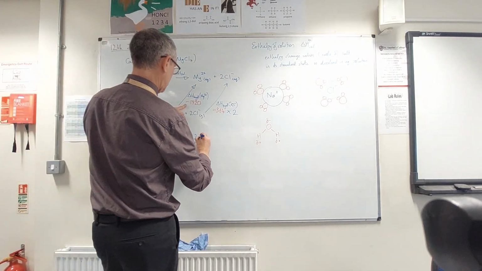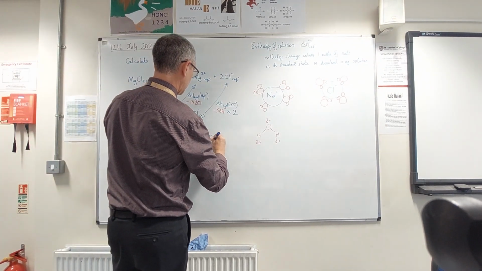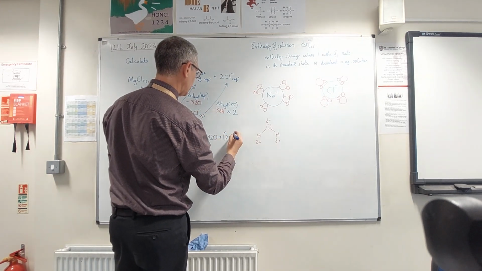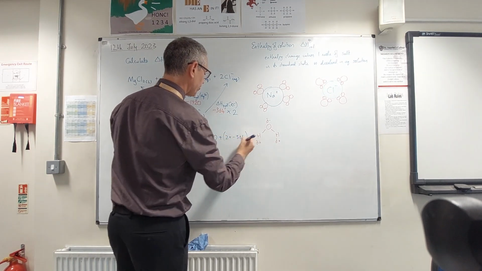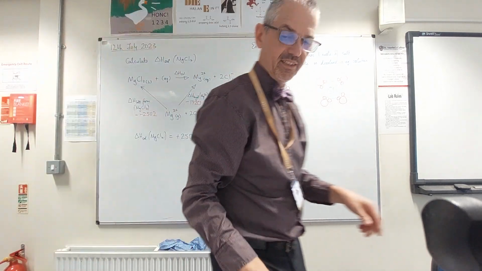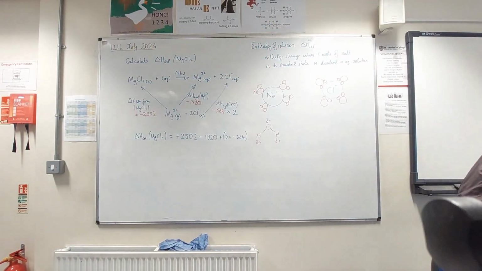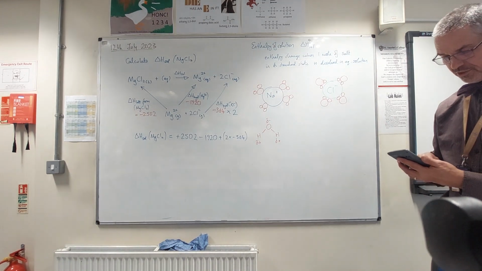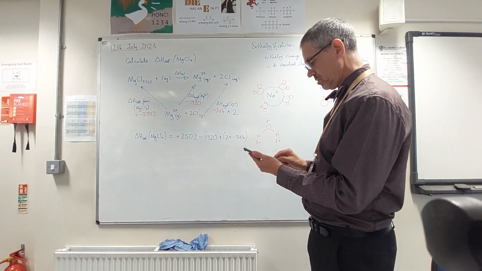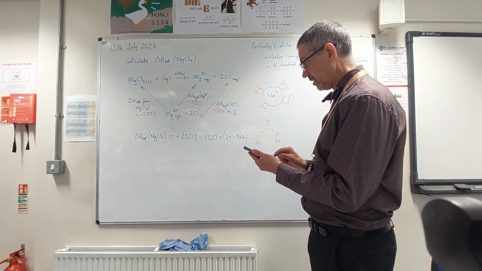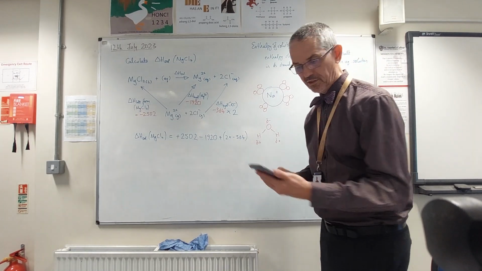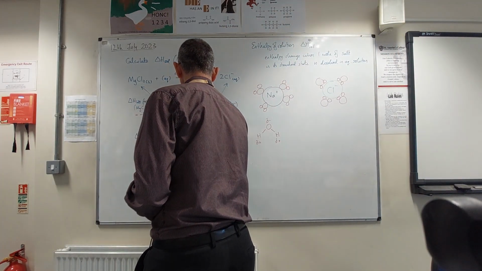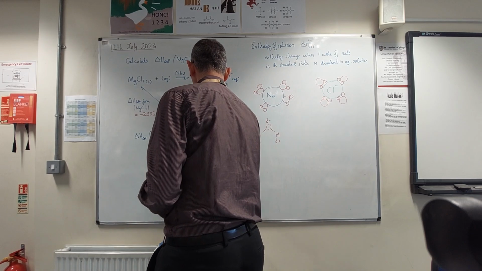And then I've got minus 1920 plus 2 times minus 364. It doesn't matter where the minus sign goes, but it needs to be in there somewhere. And I don't know what that is. 2 times minus 364 minus 1920 plus 2502 gives us minus 146 kilojoules per mole.